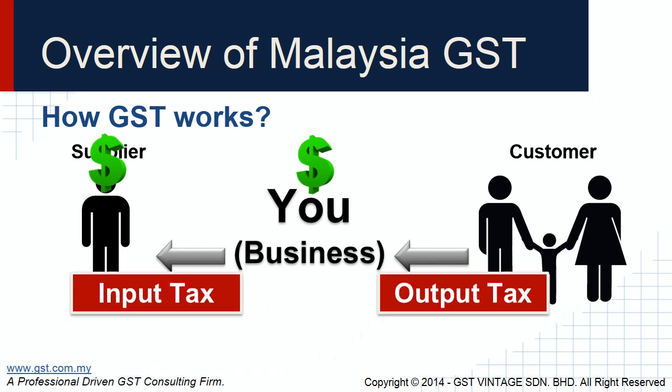In the end, you take the two sides, which are input tax and output tax, offsetting each other to see if you are getting a refund or making a payment to customs. If you are collecting more GST than what you pay, then you have to make payment to customs. On the other hand, if you are paying more GST than what you collect, then you are entitled to a refund from the customs.